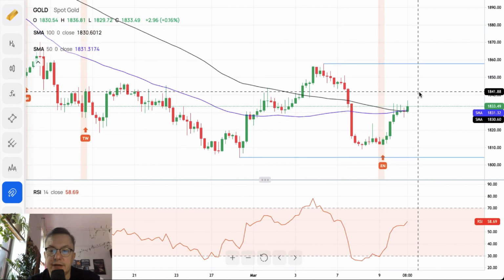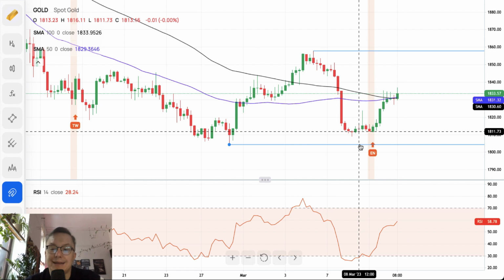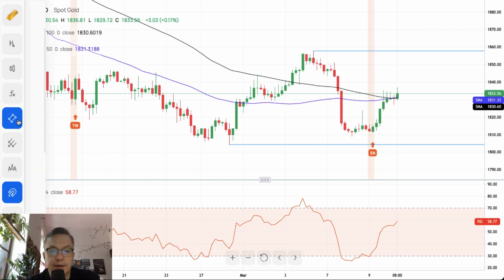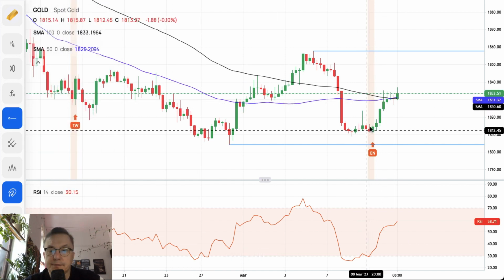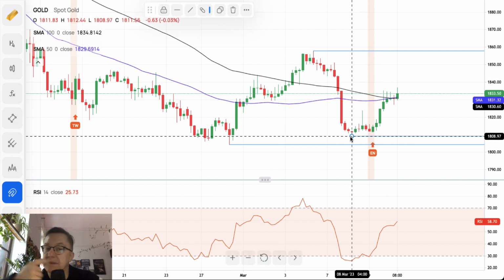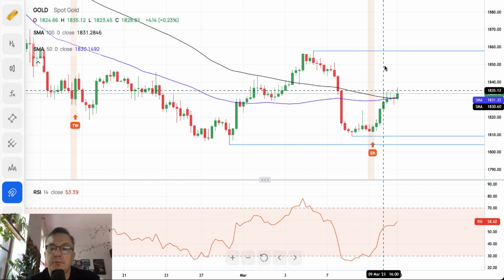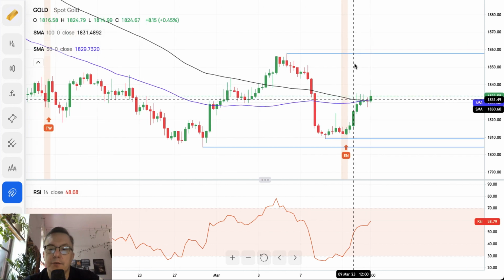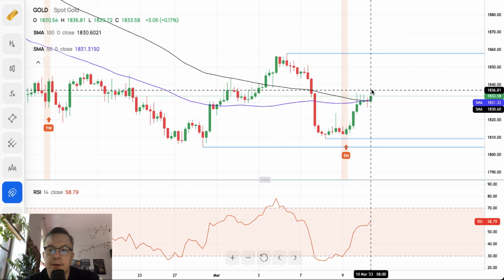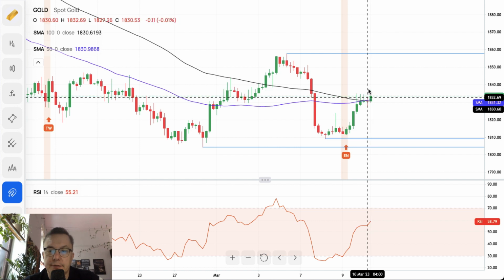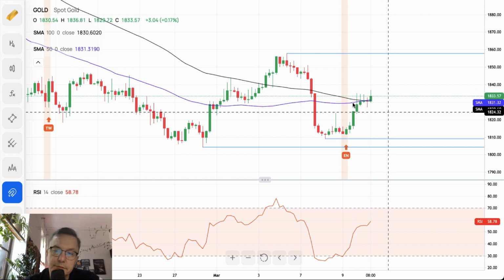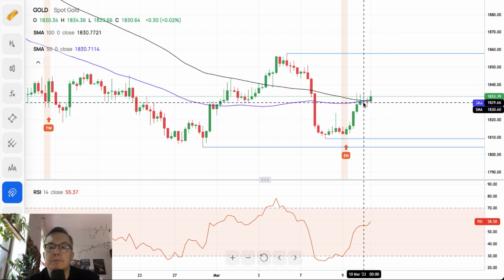Of course, this looks like the middle of the range anyway, but this market will be deeply affected by the news release, the NFP news release. Okay, so please stay focused, stay concentrated, and keep your eye on the current situation on the gold market, because it looks like the market is unsure whether it wants to go up or down, and it's consolidating around the moving averages.